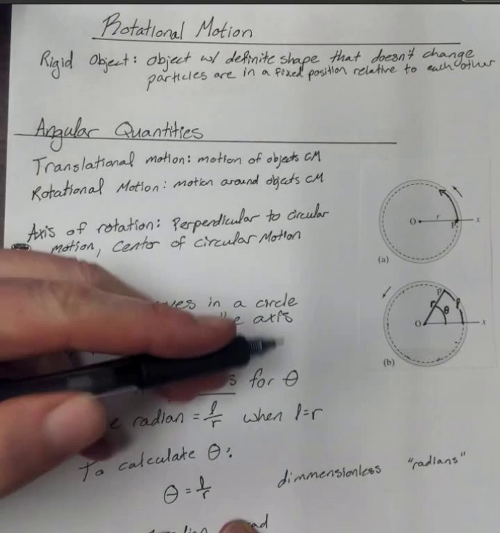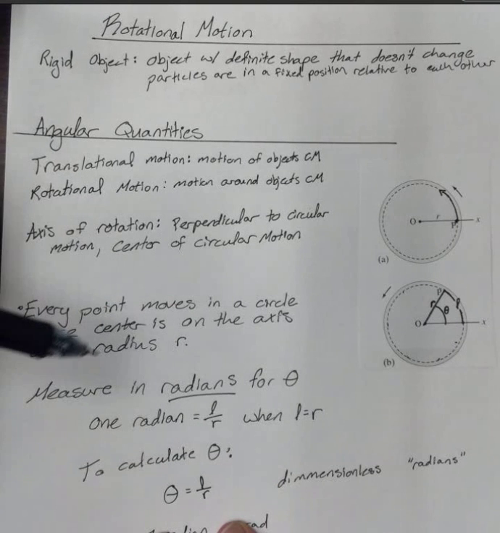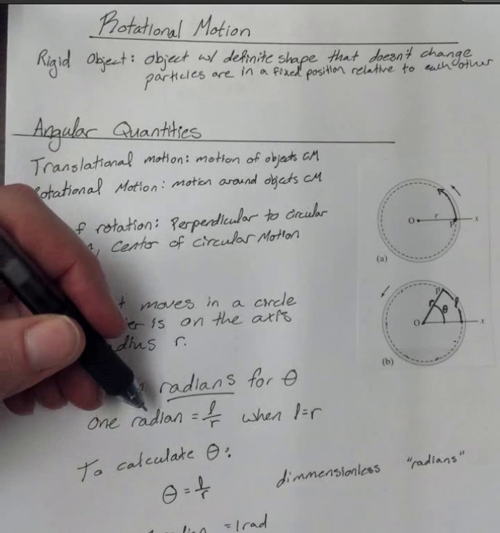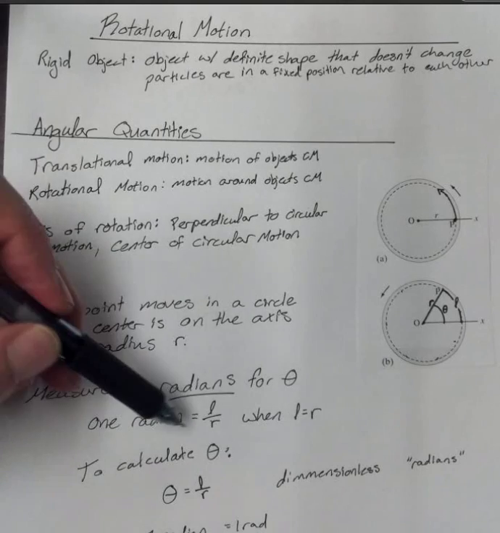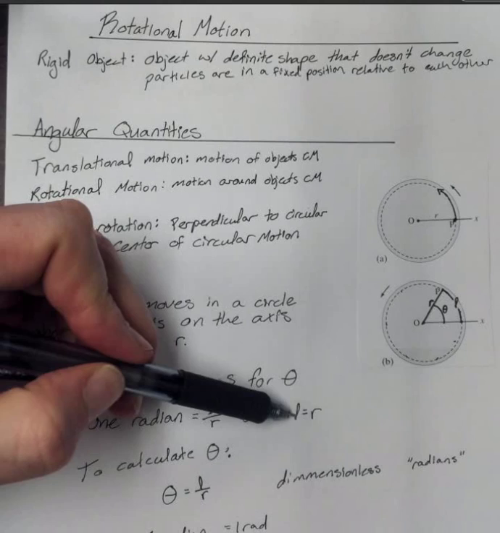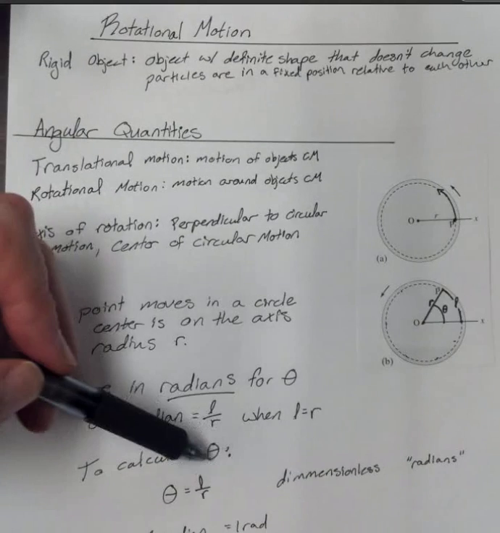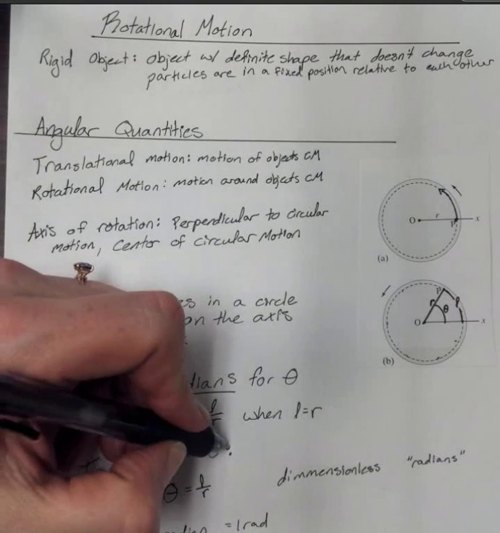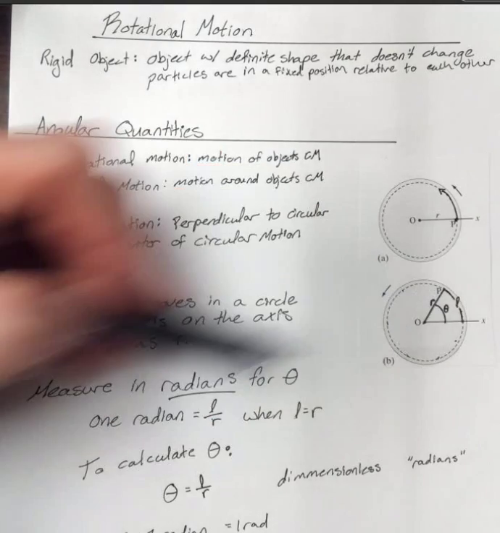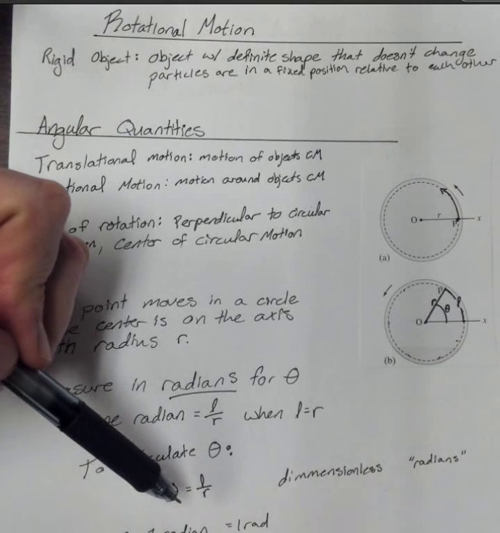So every time you see theta, that tells us how far an object has rotated or moved about its axis, and the measurement is in radians. If you're not familiar with radians, 1 radian is equal to the arc length divided by the radius when the length and the radius are equal to each other. So to calculate any theta, you take the arc length traveled, divide it by the radius of the object's rotation, and you get a value.